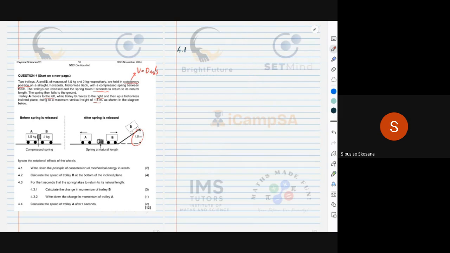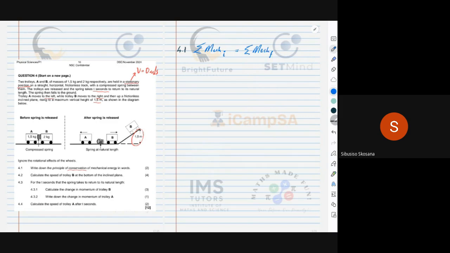Here they want something different at this point, but we know it. This is the trick here: the conservation. Conservation remains constant. I've taught this before in one of our classes. The sum of the mechanical energy, that means initial mechanical energy, is equal to the final mechanical energy.